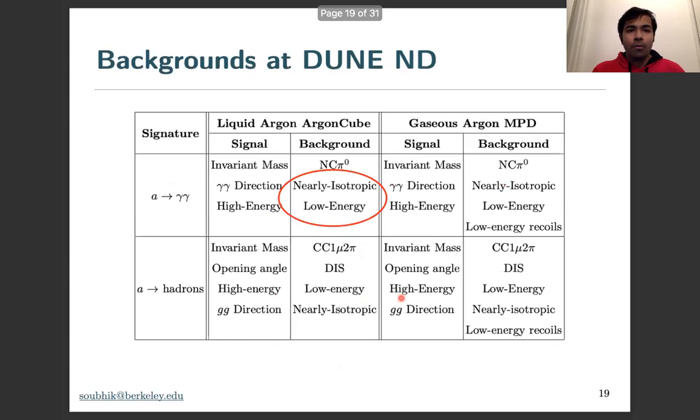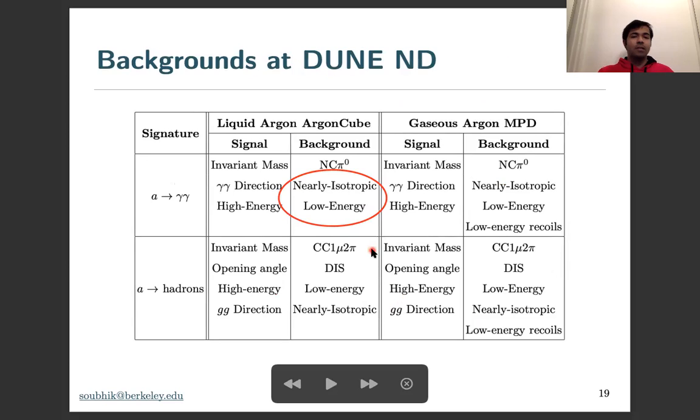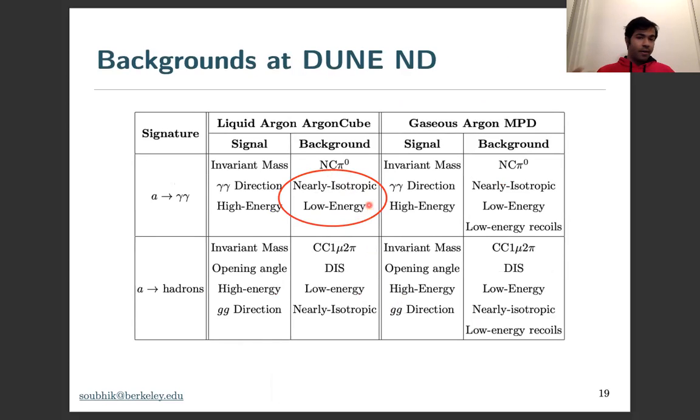All right, so let me now very briefly also talk about the backgrounds. We will have, of course, backgrounds from neutral current pion production or charged current induced pion and muon production. But the idea is that in DUNE, these backgrounds are typically quite low energy, and also they are pretty isotropic. On the other hand, for our signal, we will have very high energy final states, and we also have the decay products being quite collimated.